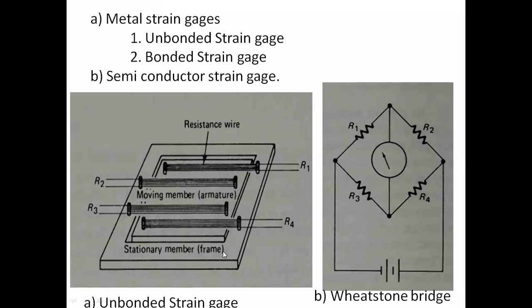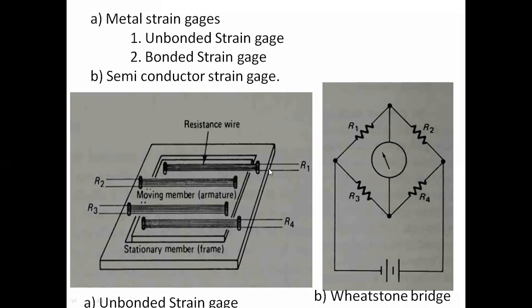Over that we have another member called the armature, which is above this stationary member, and we use a resistance wire. This resistance wire is wound around some fixed slots.